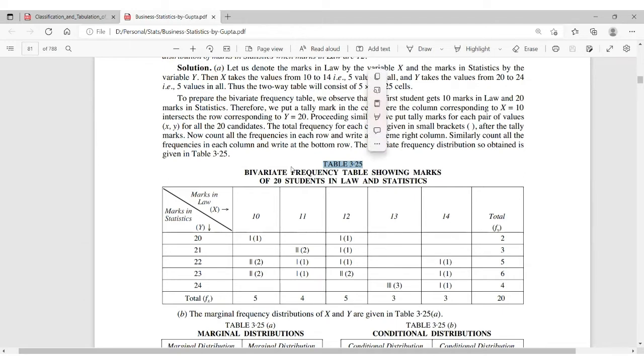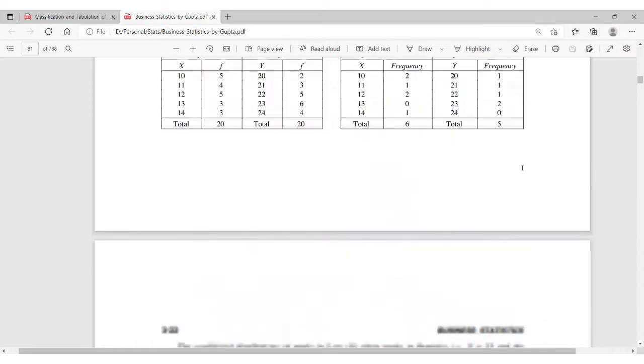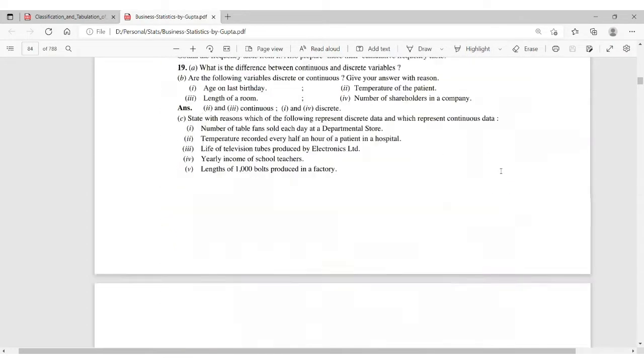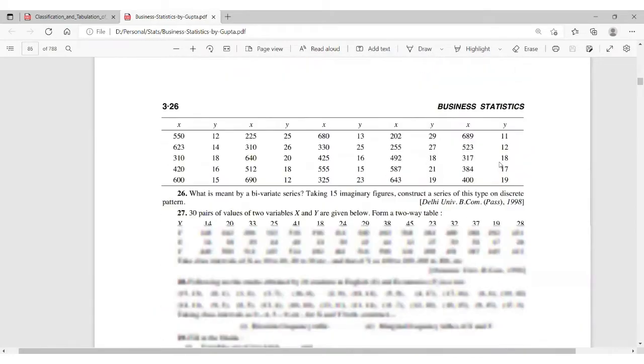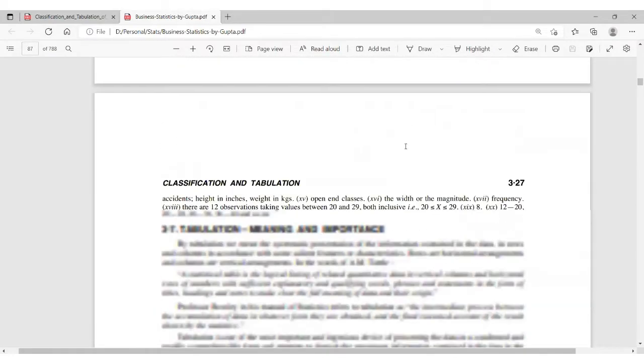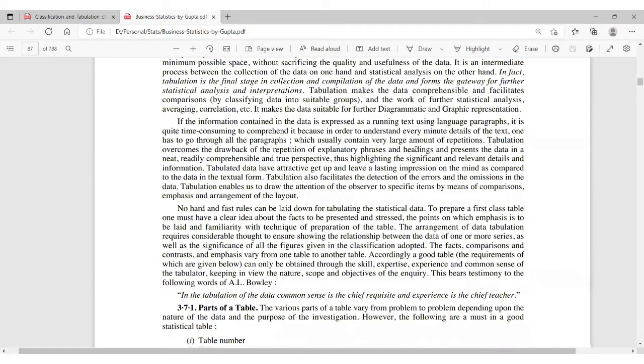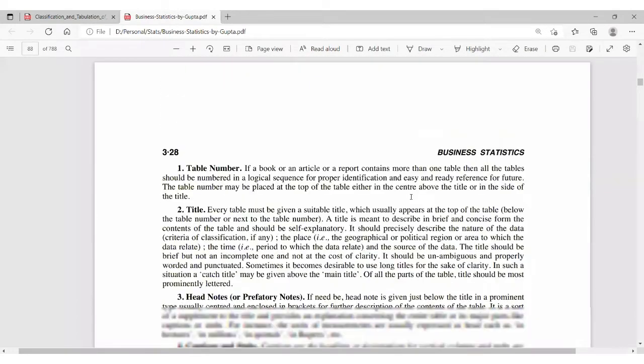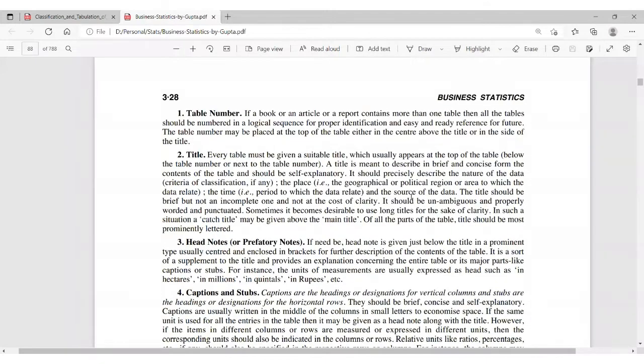This is a table number, right? Similarly, a caption is given. Then the title, which shows what the table is about.